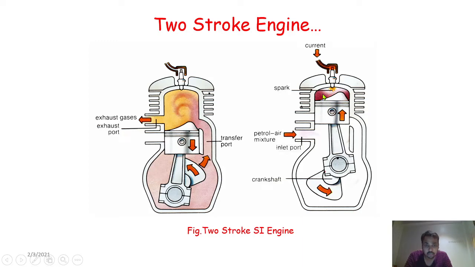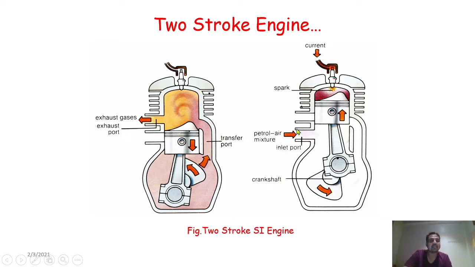I think you understood. When the piston moves from bottom to top, suction happens, the air-fuel mixture comes inside the crankcase, and at the same time, the earlier stroke's air-fuel mixture already present inside the combustion chamber gets compressed because of the piston movement.